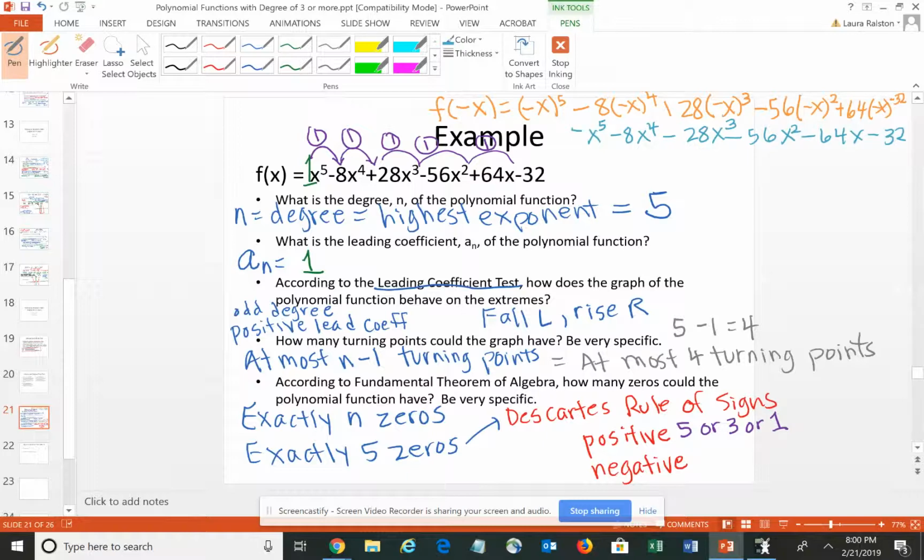And if you look there, you go from negative to negative, negative to negative, negative to negative, negative to negative, negative to negative. There are no sign changes. So that tells me that I'm going to have 0 negative possibilities. And that's going to be helpful to me in just a minute. So hold on to that thought. And then we move on.